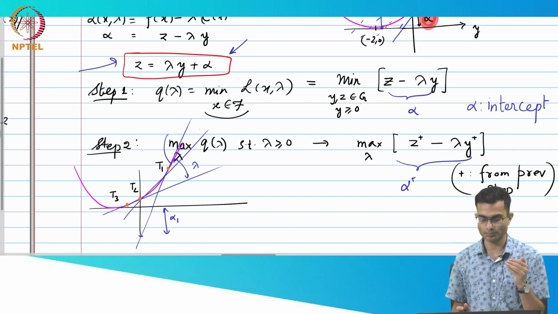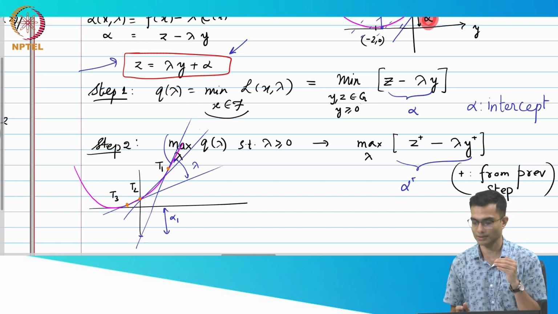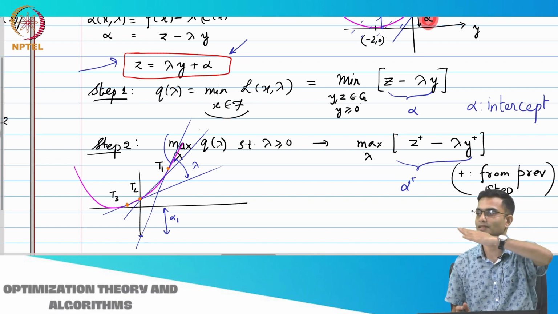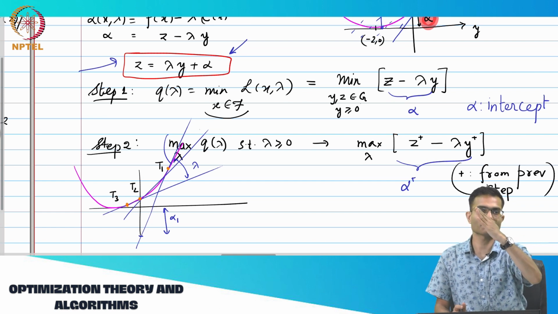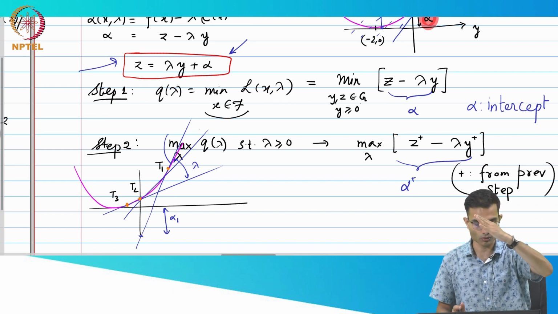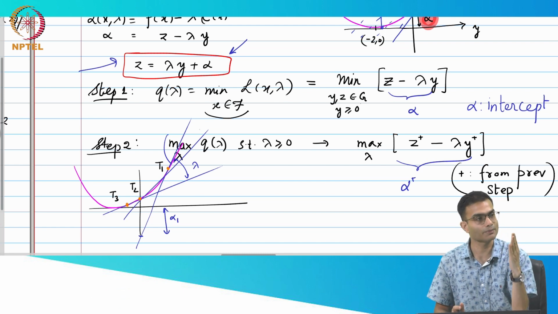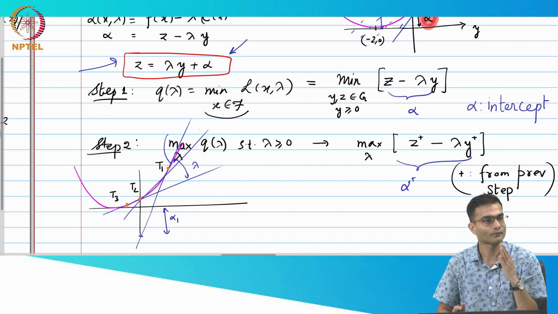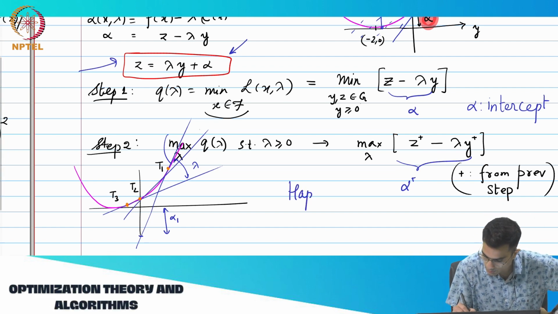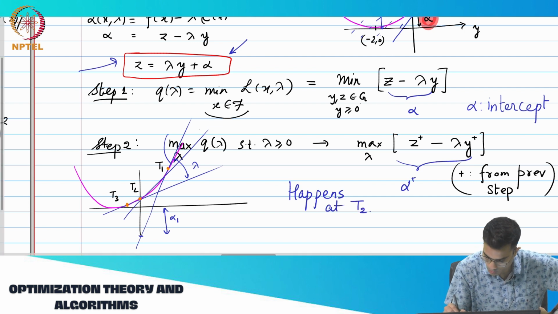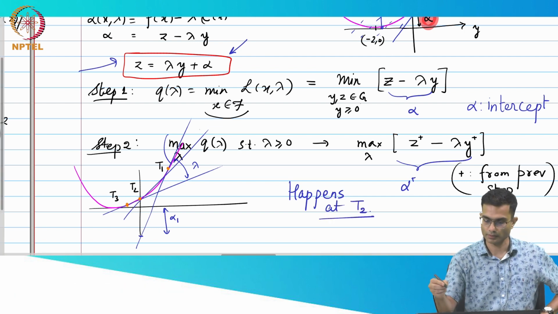For the line where T2 is the tangent, that's the thing where the intercept is maximum. If I go any further to the right, what happens? The intercept becomes less, becomes 0. By the time I come to T1, it has actually become negative. Right? So, this happens at T2. Okay.